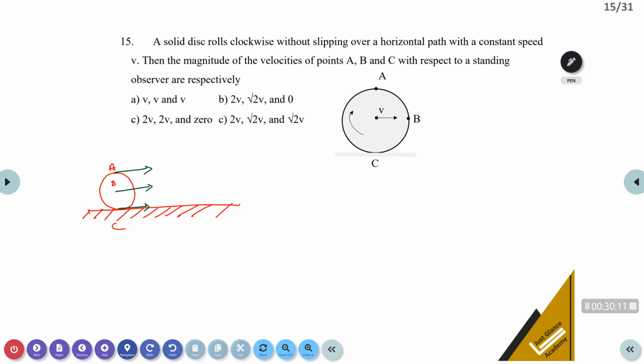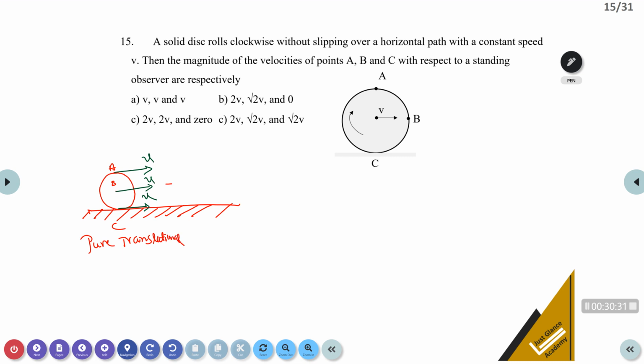This is the translation, V. All particles are moving with velocity V. This is pure translational motion.